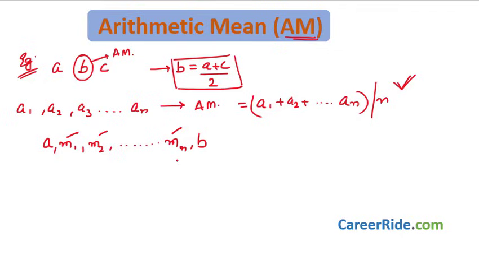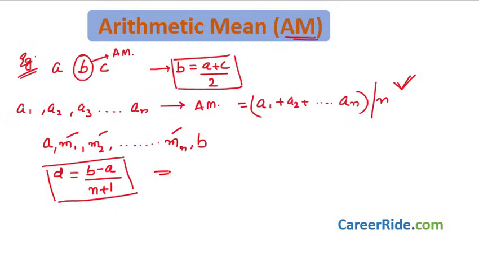So first of all, what do I need in this case? I need the common difference. So the common difference D in this case here is B minus A upon n plus 1, right? So this is how I'll find the common difference here.